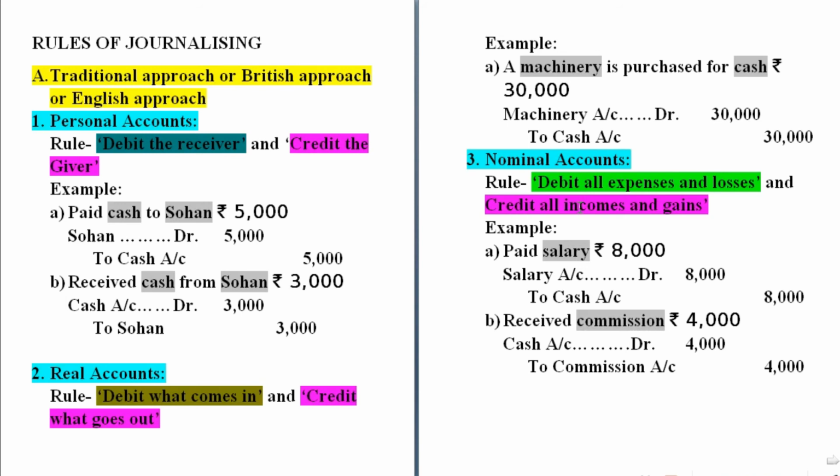Now before going to the second approach, let me tell you something interesting. Here we have the word debit, which we are abbreviating with DR, and credit we abbreviate with CR. Now you must be thinking, why are we writing DR for debit?